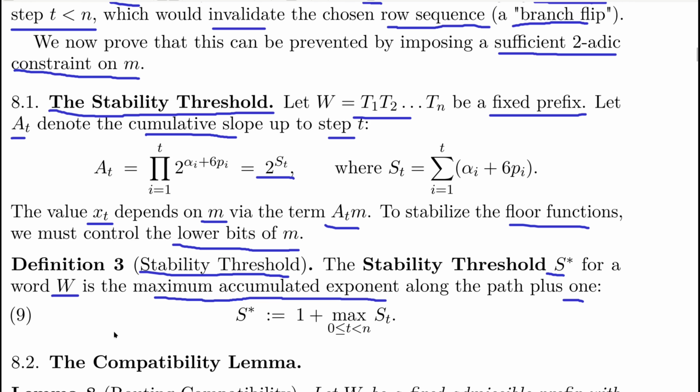So here S star is defined as 1 plus max S_t, for t greater than or equal to 0 but less than n. So it's 1 plus that max. That's what we call the stability threshold, S star.